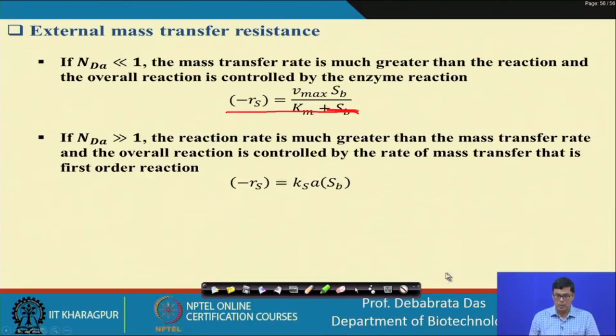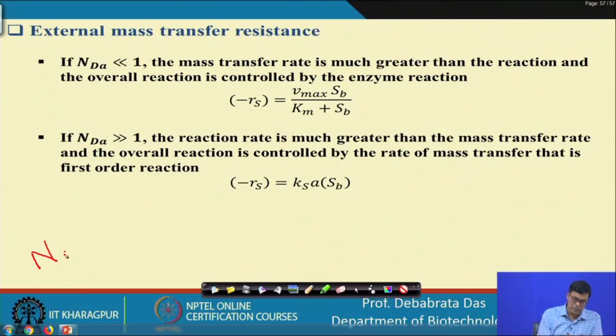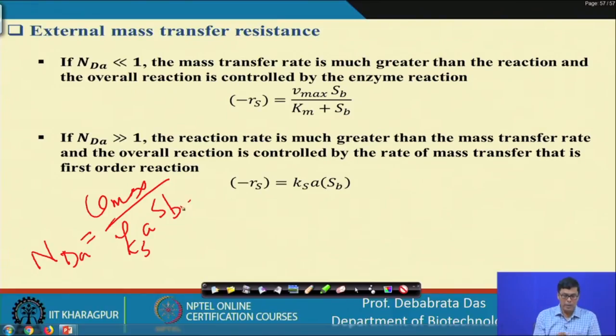transfer. Now the interesting feature is how you can find out whether it is reaction control or mass transfer control. The Damkohler number, as I have mentioned, is equal to the maximum velocity of reaction divided by the maximum mass transfer. Now if it is less than 1, what does that mean? The Damkohler number will be very small and mass transfer will be very high.